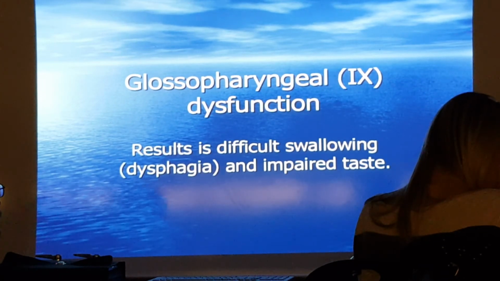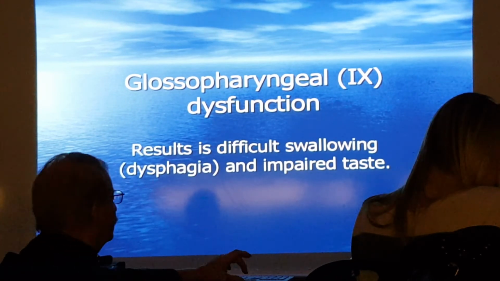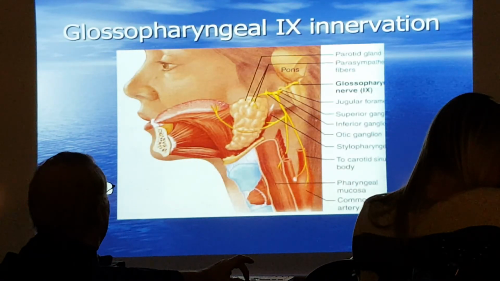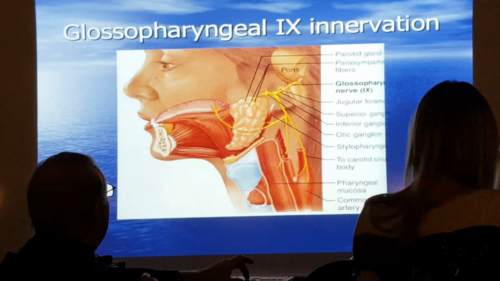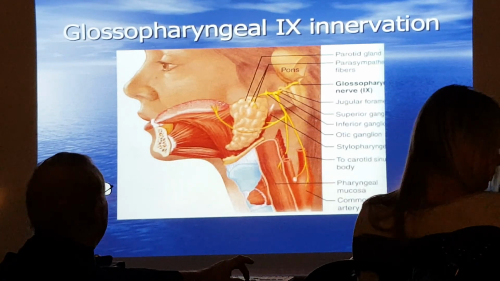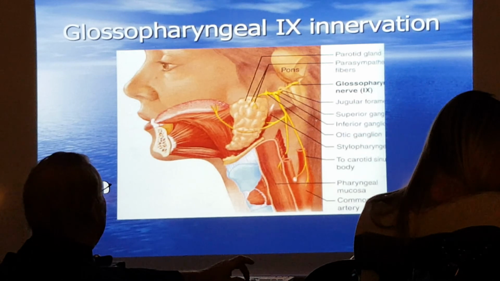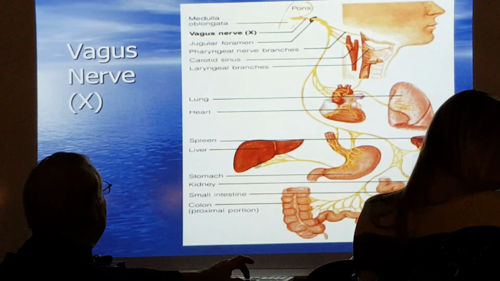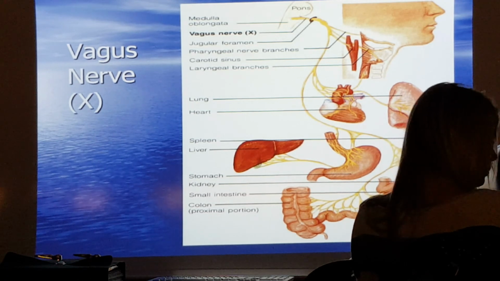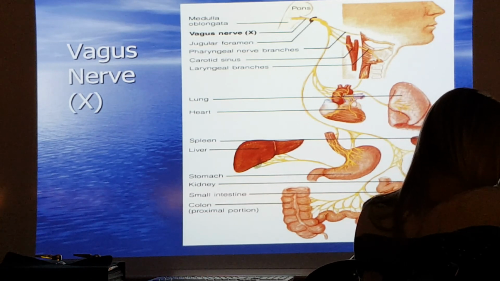And you lose some of your sense of taste if you had glossopharyngeal dysfunction. It also controls your largest salivary gland, the parotid gland. Finally, the vagus nerve, cranial nerve 10, is the only cranial nerve to leave the head region.